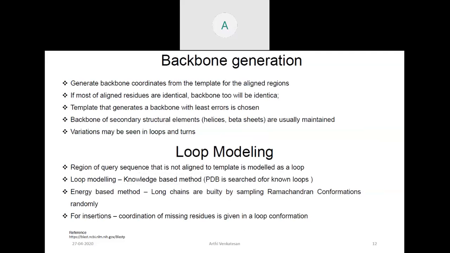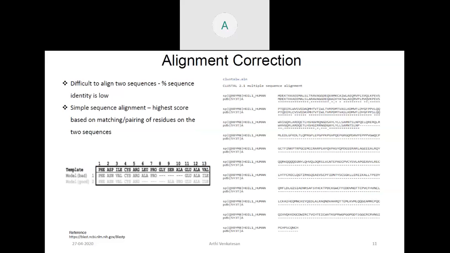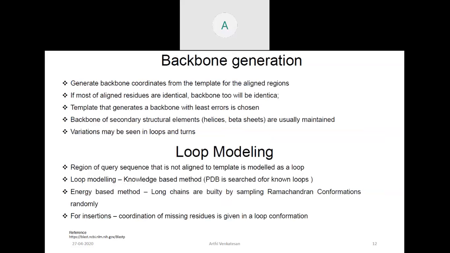If most of the aligned sequence is identical, the backbone will be identical. For example, MDE till L is the same, right? This means the backbone is also identical. The template that generates a backbone with the least error is chosen.